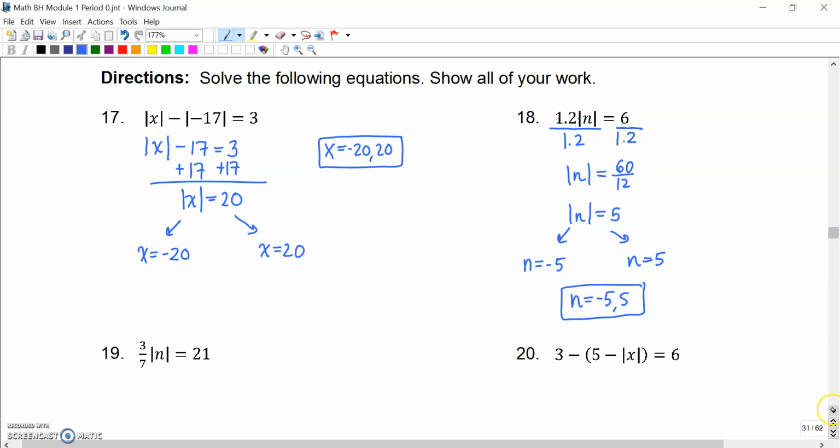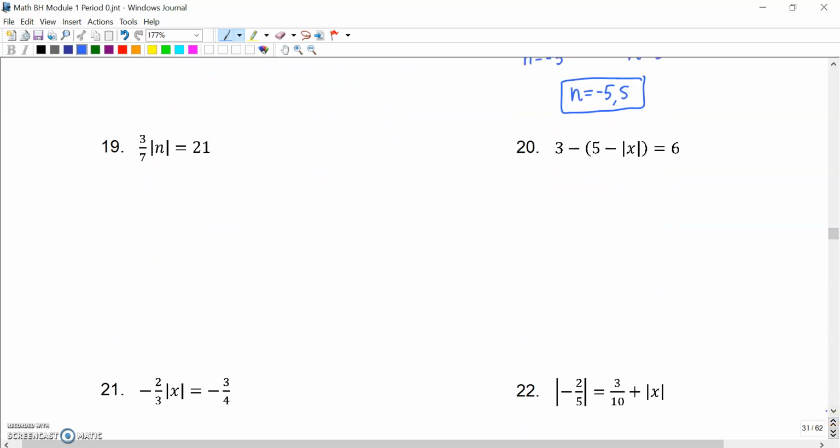Number 20, 3 minus the quantity 5 minus the absolute value of x equals 6. So the first step is we're going to apply this negative. We're going to distribute it through. We're not going to distribute it into the bars, but we're going to distribute it in front of the bars. There's a negative 1 here. Essentially, that's times the absolute value of x. So we're going to distribute.